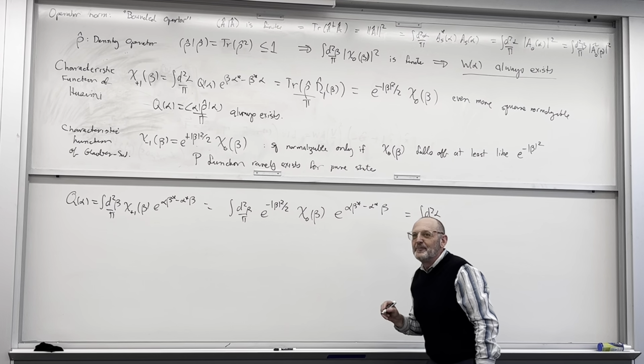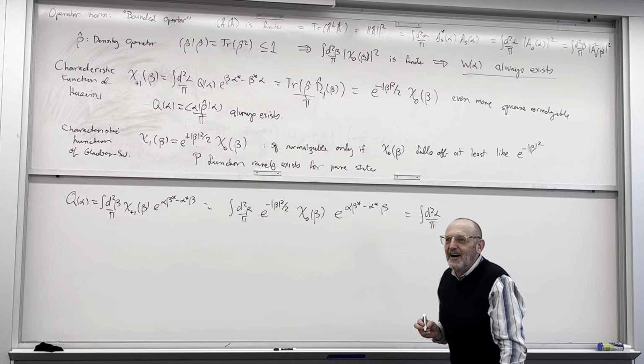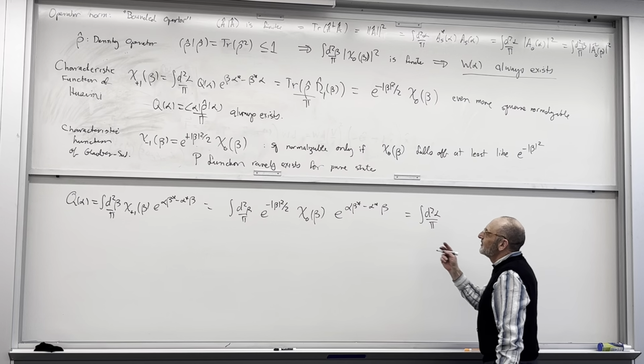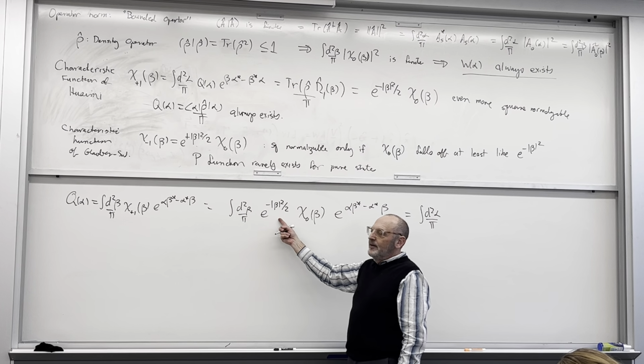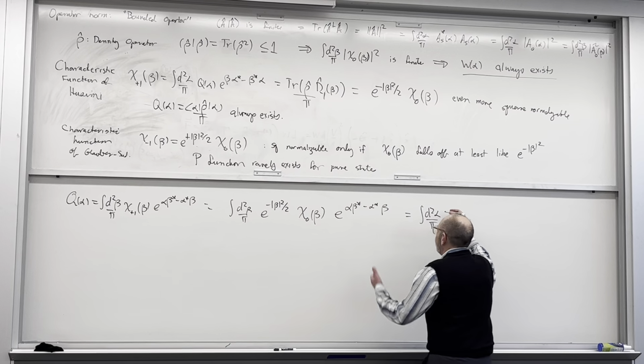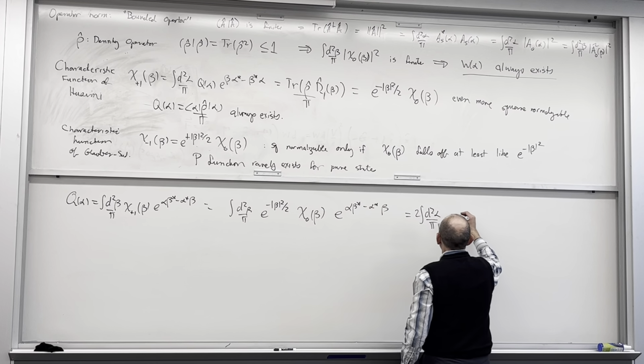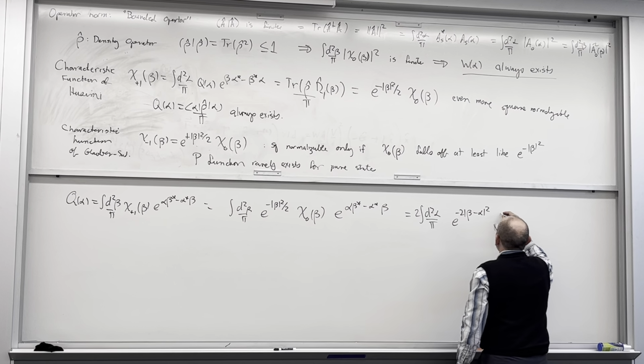That's how I always remember it. The inverse Fourier transform of a Gaussian is a Gaussian with the opposite. There's a factor of 2, so it's e to the minus 2 beta minus alpha squared.